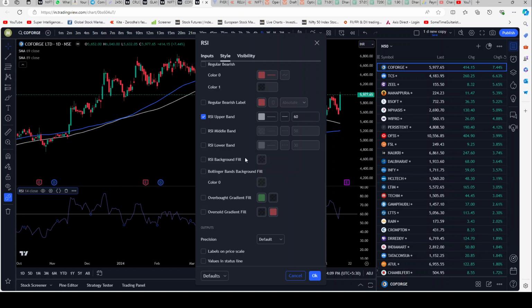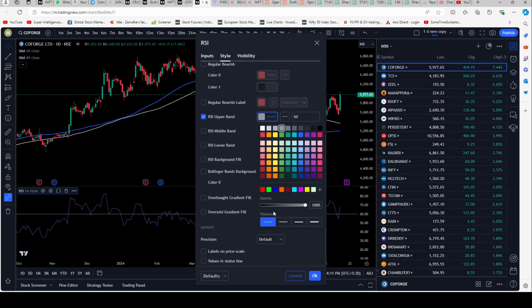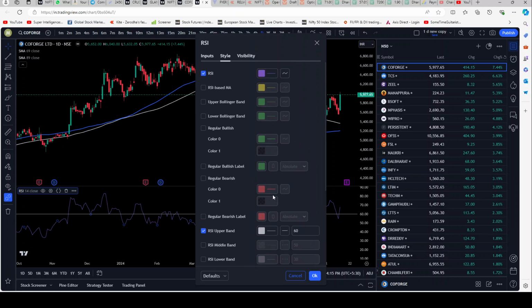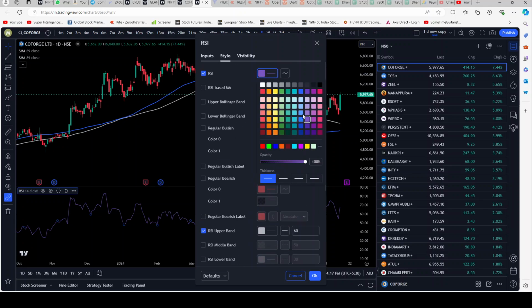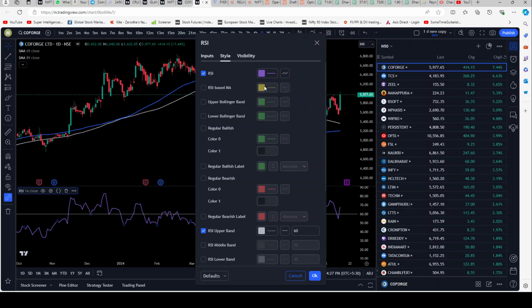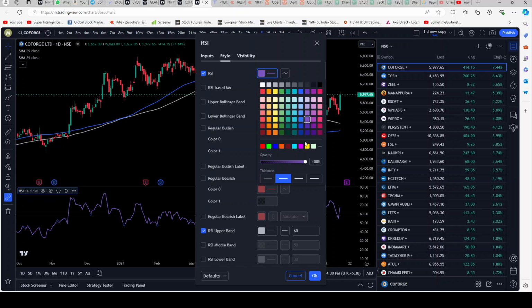All right, and the line thickness is okay at 1. Maybe I'll make it a little brighter. And this RSI also, I will make it a little more visible. All right, I've chosen a little brighter color, or maybe this will do. This color will do, and I've made it a little bolder. So thickness is 2. That's it.